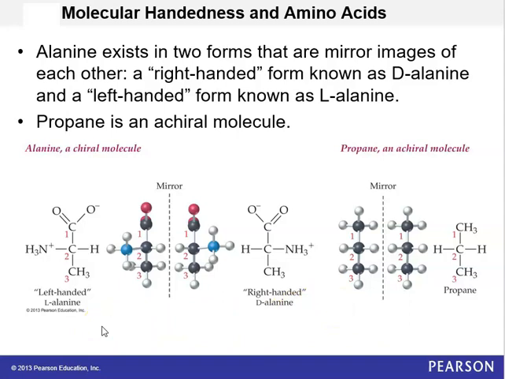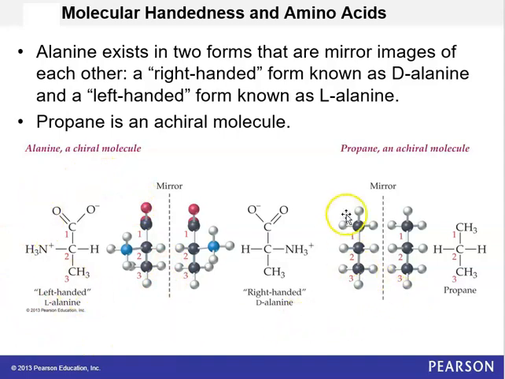We have the R for rectus as well as the S for sinister, or left. But here, most of the time when we're talking about amino acids, we have the L or D naming system. All of the natural amino acids that occur in biological compounds are L amino acids.